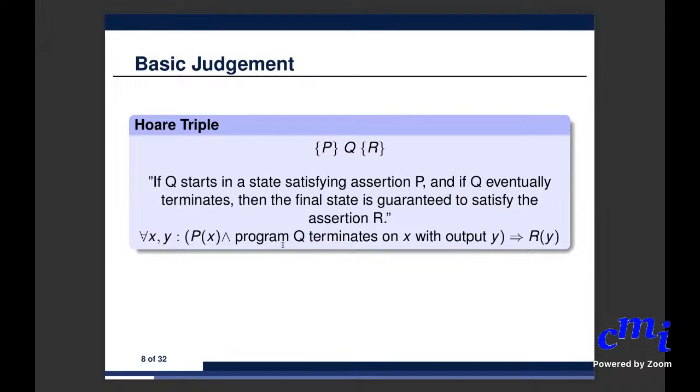And there are two ways in which this can be trivially true. One is if the program does not terminate, in which case this can be true of any predicate, even including false. That's what that earlier example showed. The other way in which this can be vacuously true is if P itself is false. That's if your precondition is false.